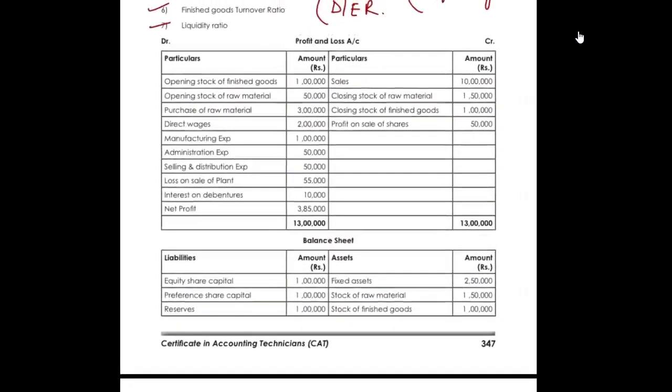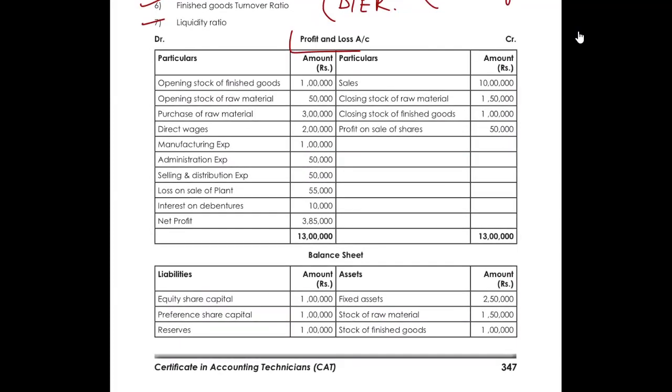Now this is your illustration number 1. For simplicity of my data, in the question they have said that it is a P&L account, but this is not actually a P&L account because we have the trading items involved over here.